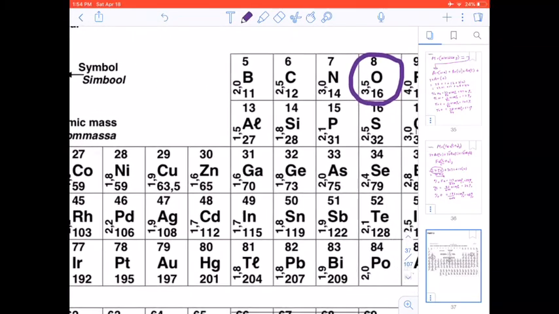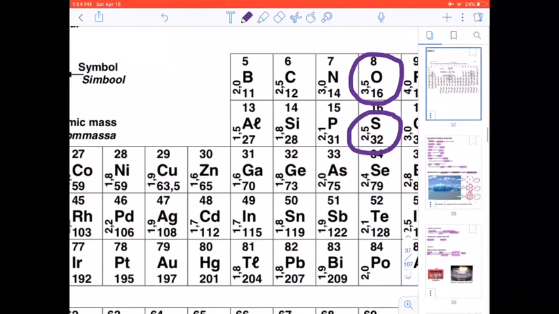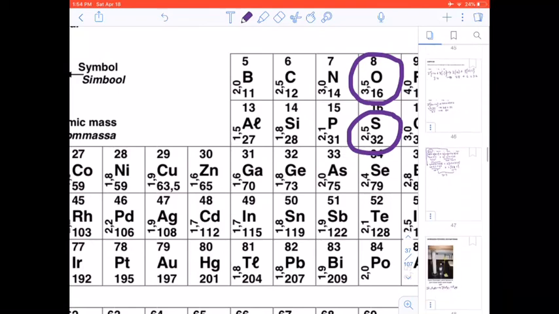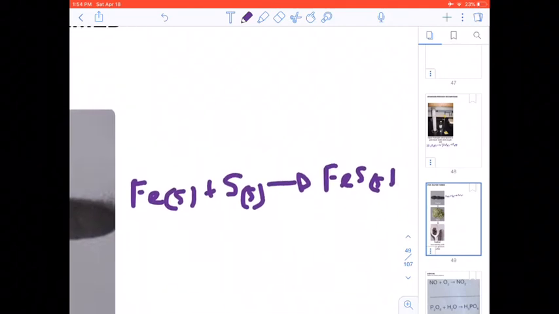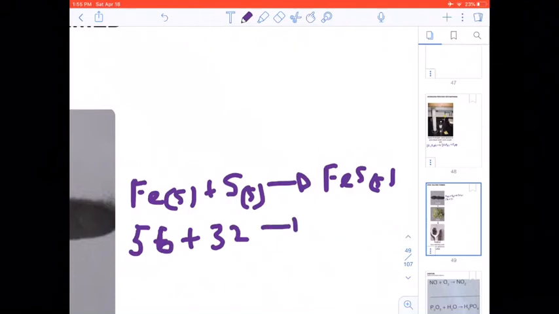And if we look at sulfur, the mass is 32. So that's 56 plus 32, which gives us 88, and it's equal to 88 there.